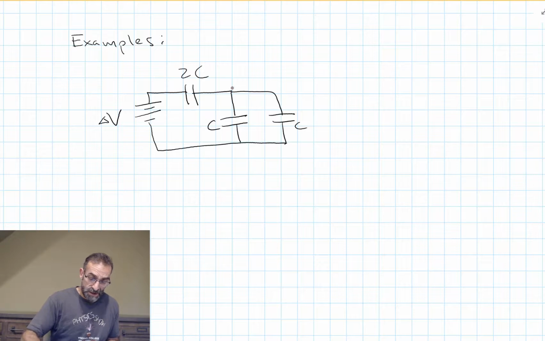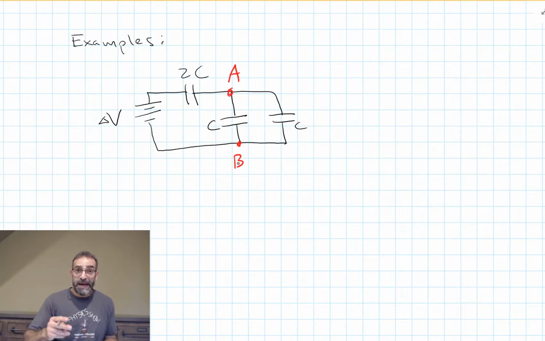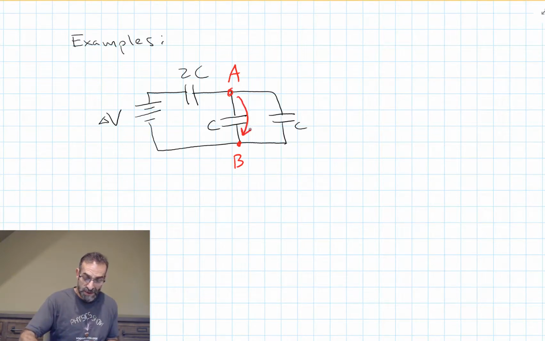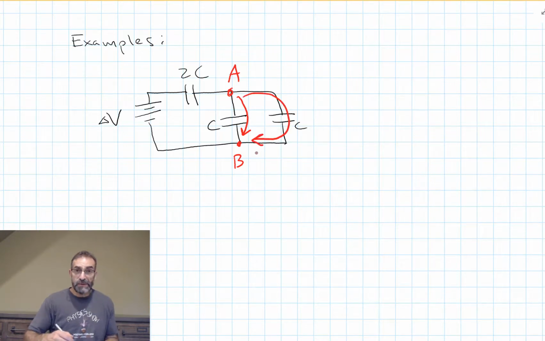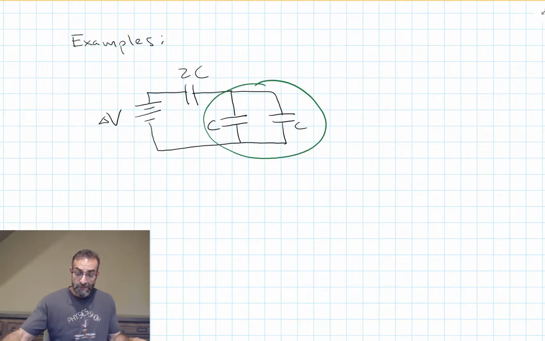Because if I started over here at point A and I wanted to get to point B on the other side, there are 2 paths I can take, one through the first capacitor or one through the second capacitor. Those are 2 parallel paths between A and B. I can get through one capacitor without passing through the other one. These are parallel capacitors. Since these 2 capacitors are in parallel, I use my equation for parallel capacitors.